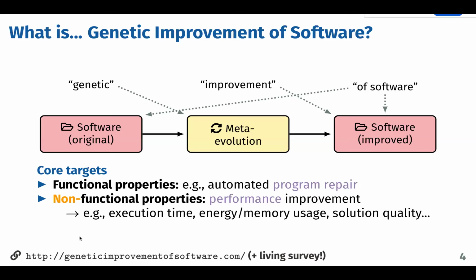And GI has two main targets. One is improving functional properties. So for example, as the keynote this morning was for automated testing, doing stuff to a software to improve it. And the other core target is the improvement of non-functional properties, such as execution time, energy or memory usage, solution quality, security, a lot of it.